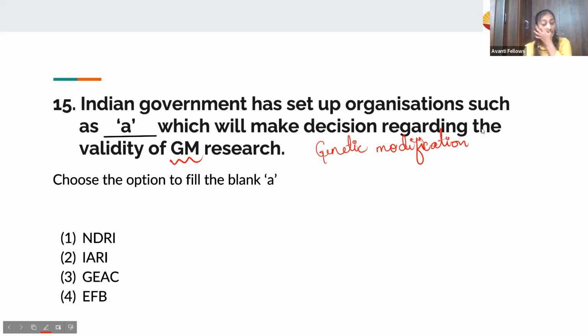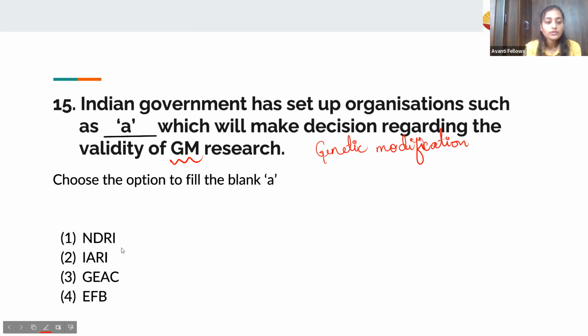We have genetically modified organisms, genetically modified crops and animals. For example, Bt cotton and Bt tobacco are examples of genetically modified crops. So let's see which organization makes decisions regarding genetically modified research.